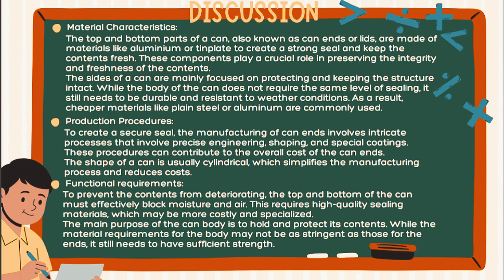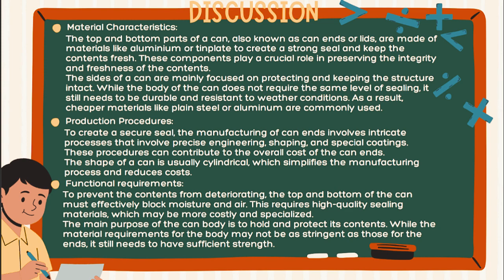The second one is production procedure. To create a secure seal, the manufacturing of the can ends involves an intricate process that involves precise engineering, shaping, and special coating. This procedure can contribute to the overall cost of the can ends. First, the shape, usually cylindrical, will simplify the manufacturing process and reduce cost.